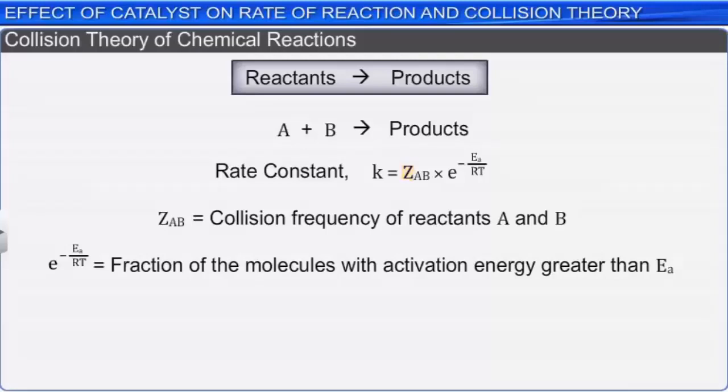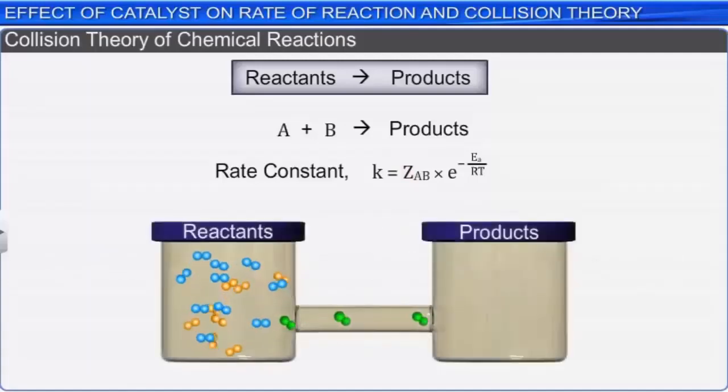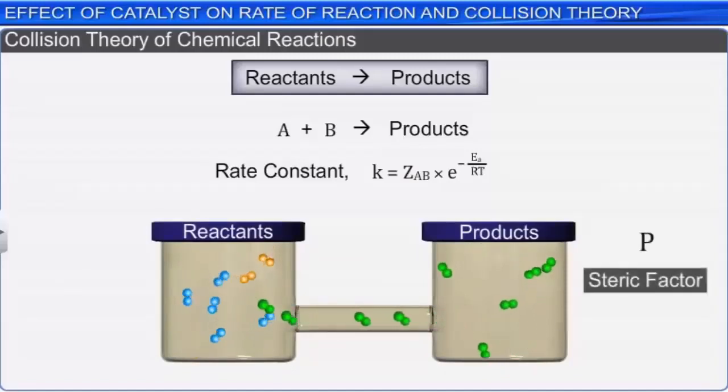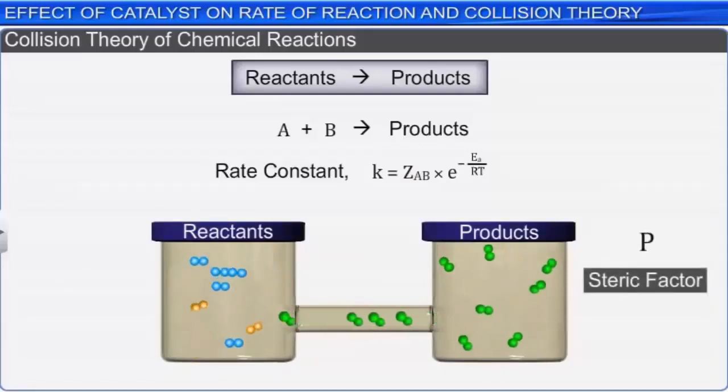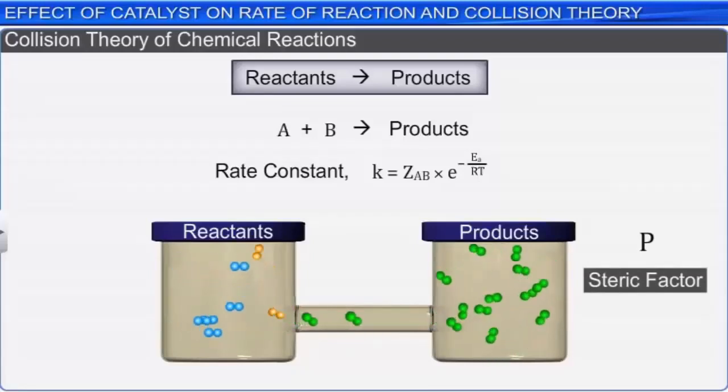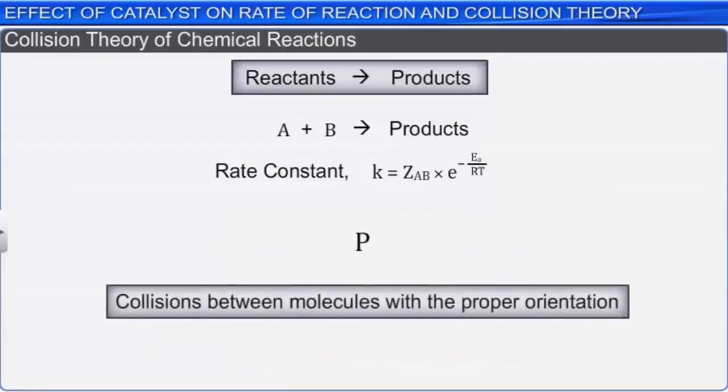The Z in this equation can be compared to the factor A in the Arrhenius equation. Since all the collisions do not lead to the formation of products, another factor called the steric factor, P, is introduced in the collision theory to account for effective collisions. P refers to the collisions between molecules with the proper orientation.